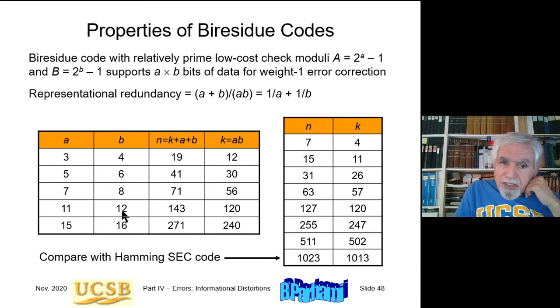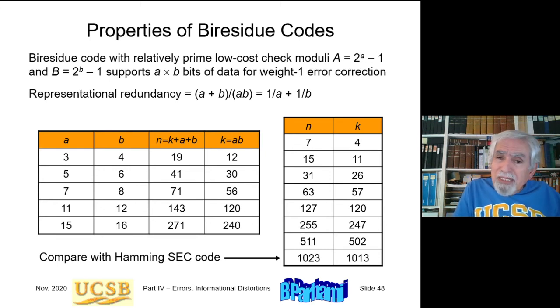If you choose 11 and 12, so there's 2 to the 11 minus 1, which is 2047, and 2 to the 12 minus 1, which is 4095, with those two check moduli, you can have up to 120 data bits.